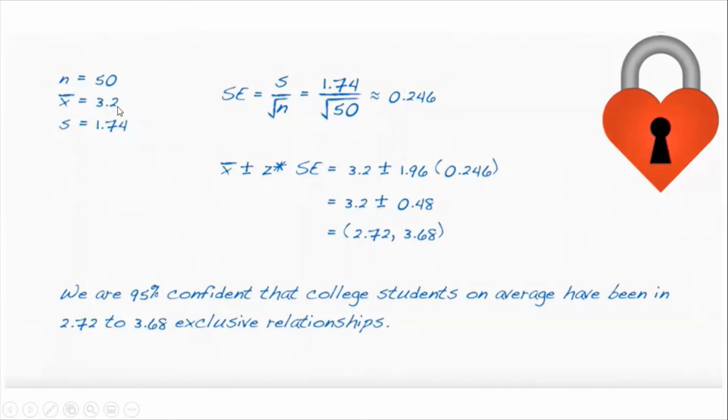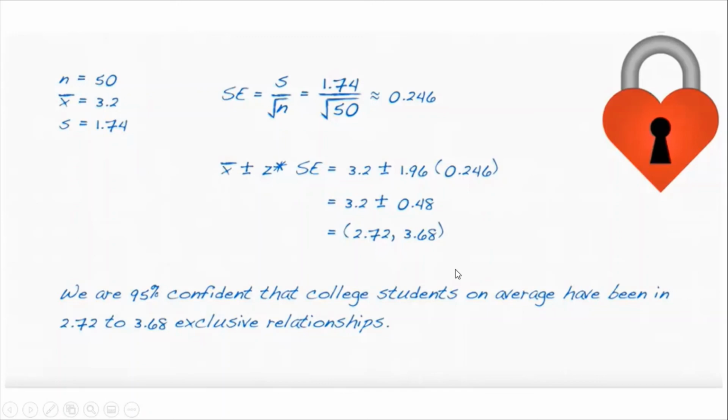The mean is 3.2, so we take the point estimate plus or minus the margin of error. We want to find the 95% CI, so the critical value is 1.96, and then we plug in the standard error value, and then we get 2.72 and 2.68. So this is how you find the interval.